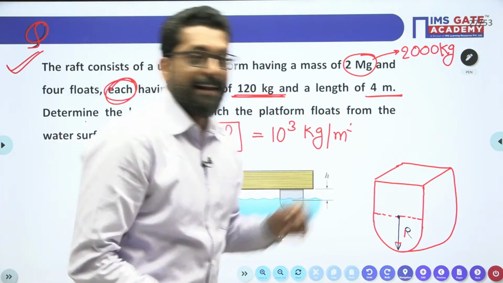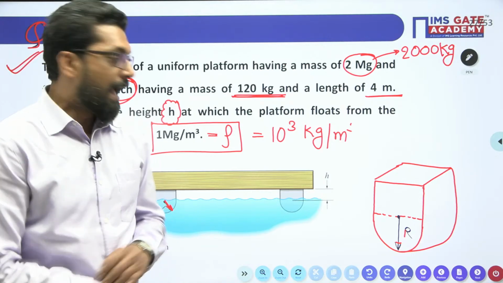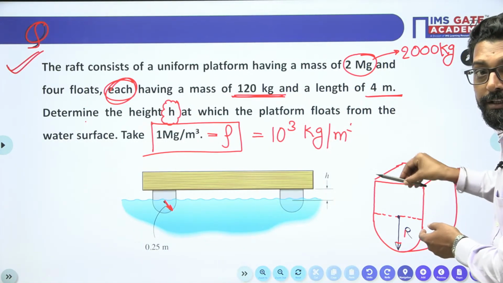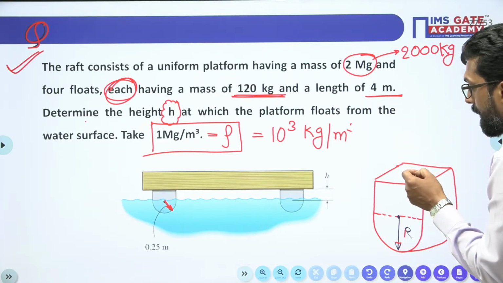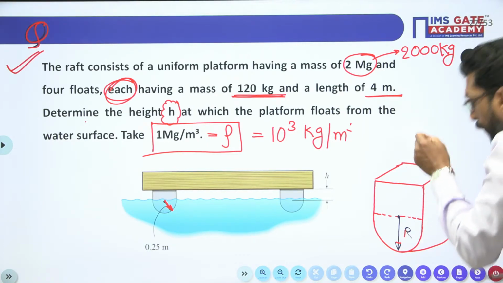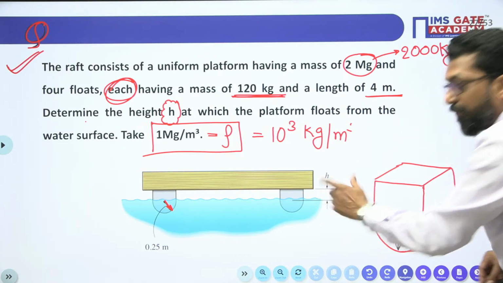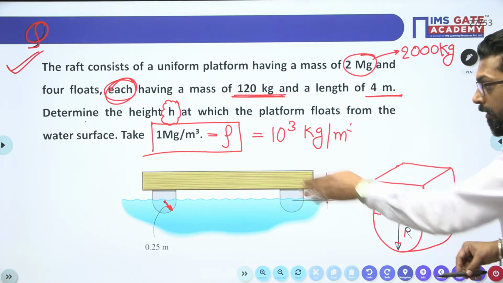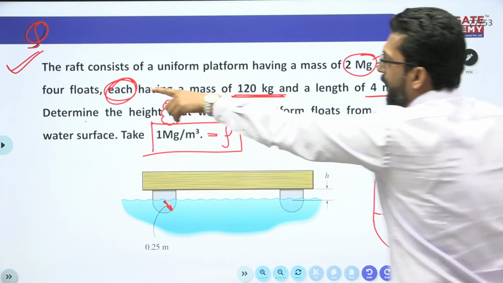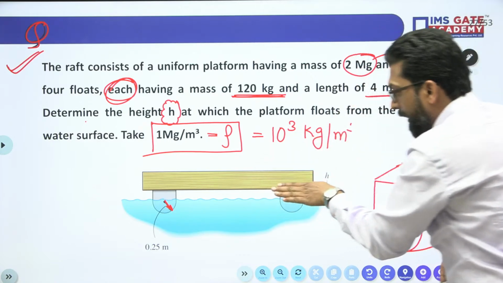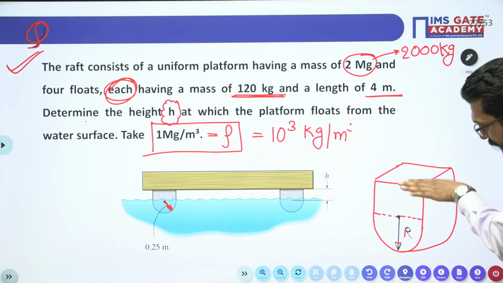Some part is rectangle and the platform is placed over it. So beta, whether this height is varying, if we put this weight on this platform, 2000 kg, it may be totally submerged.